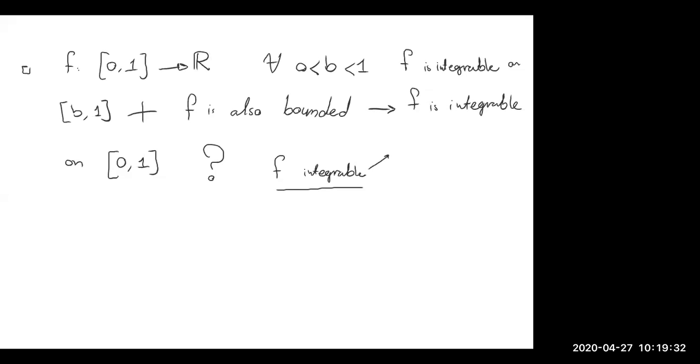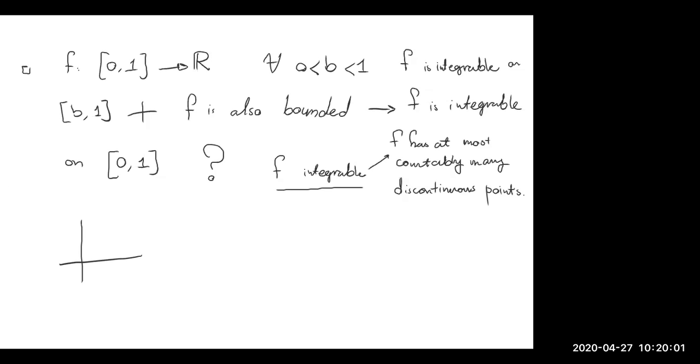We know if f is integrable, f has at most countably many discontinuous points. And that's quite important. It means we can have functions which are not continuous like this, but they are integrable. We can compute the area under the graph of this function f, and it's integrable.